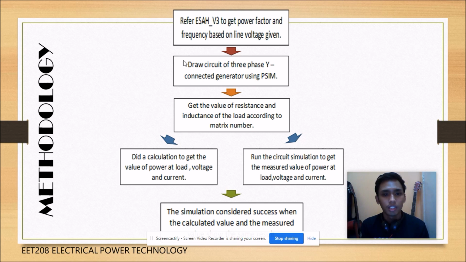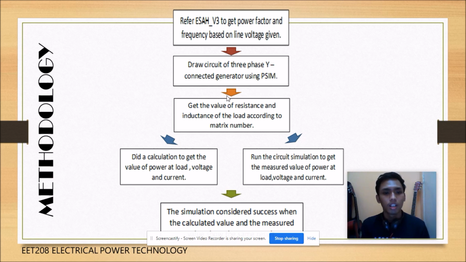Then get the values of resistance and inductance of the load according to metric numbers. Before we construct the circuits in PSIM, we need to locate the actual values of the resistance. We must first convert from impedance value to its actual value of inductance and resistance.